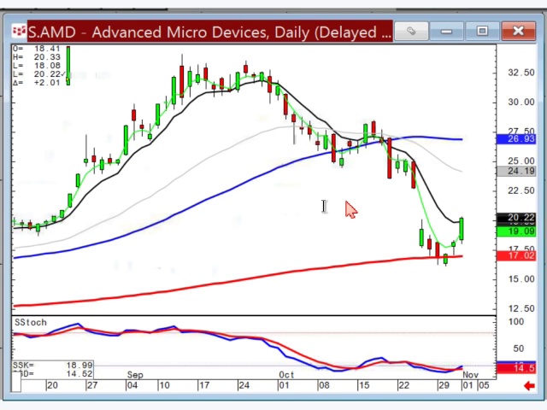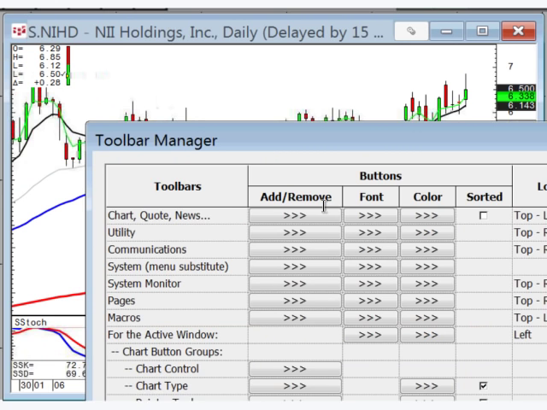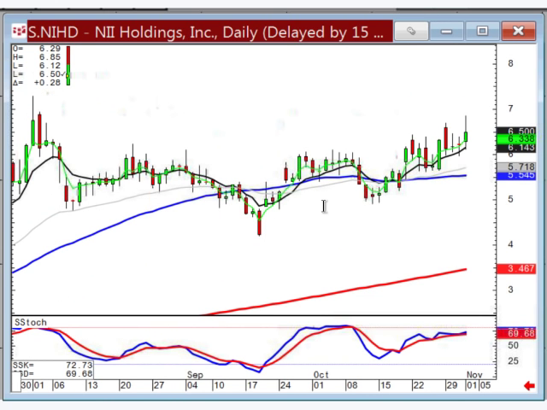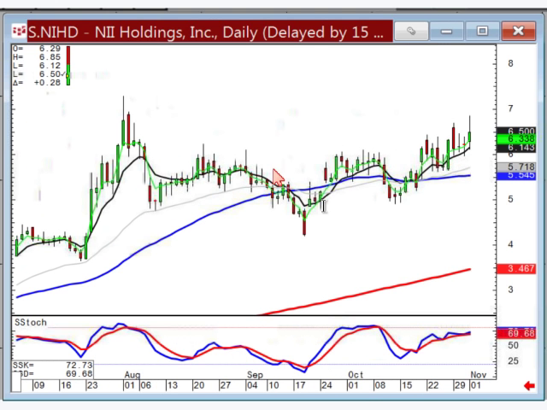We recommended NIHD the other day. I'm going to make this smaller. Because of the fry pan bottom setup. And so what's our simple rule of a fry pan bottom? Notice our little morning star signal right here on the T-line. Even though it's not in the oversold area, it's pretty much telling you that there's a buy signal right here.